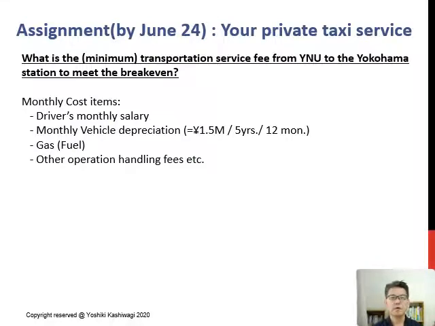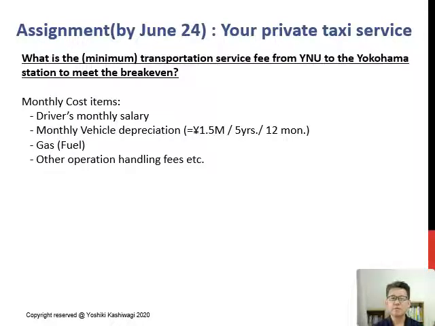Here's the assignment by next Wednesday for you. This is an application of this goal-based assumption making. This is a business of your private taxi service between YNU and Yokohama Station. So you want to think about the startup business of the private taxi transportation service.